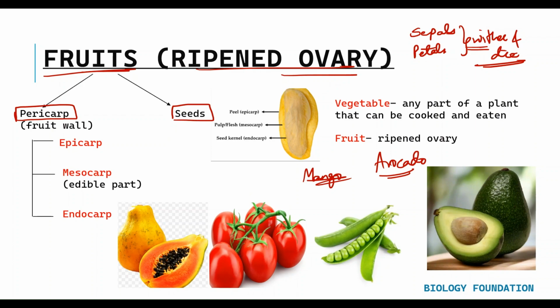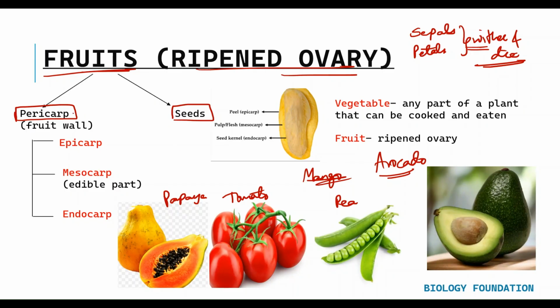For example, banana has many seeds, papaya also has many seeds, tomato, pea, watermelon, pumpkin. These fruits have many seeds in them, right? So the number of seeds can vary from one species to another.